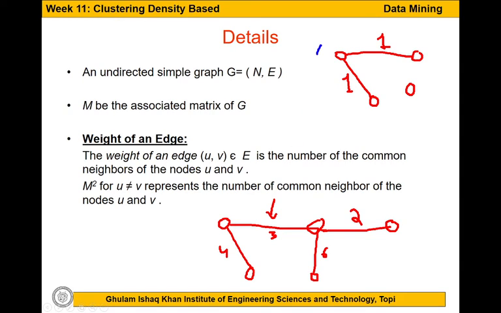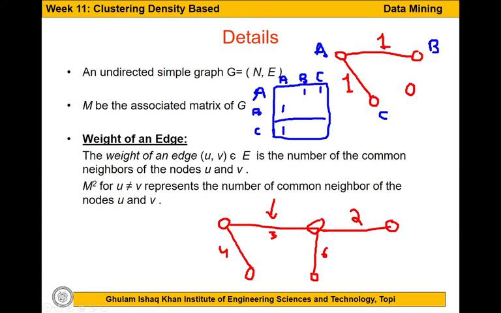Now for example, this is node A, this is node B, and this is node C. So to store it in the memory, we will have a 3 by 3 matrix with rows and columns A, B, C, and A is connected with C and B here. B is connected with A only, and C is also connected with A only. So this is the mechanism through which we store the graph in the memory. This is called adjacency matrix.